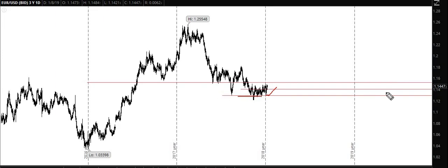So Sunday night or Saturday or whenever over the weekend, I come in here and I find these supply and demand levels. So you've got your supply, you've got your demand, and then what I do is I split it in half and find just that midpoint of where price has been rumbling around. And that acts as kind of like a sediment, and you can do many things with that.